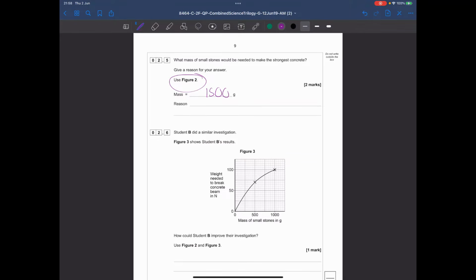Why did we select that number? Well, it's simply the highest point on the graph, or you could say it needs the biggest force to break the concrete.